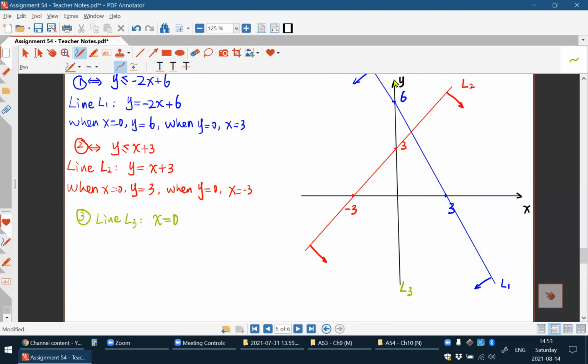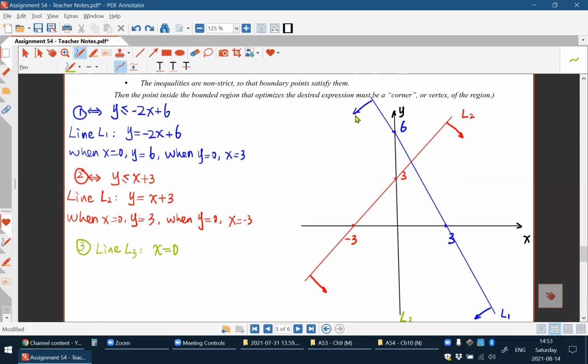And this time we don't need to check the relative positions between L3 and the intersection point here, because according to the 2 lines we have already drawn, the intersection point here must have a positive x coordinate, right?